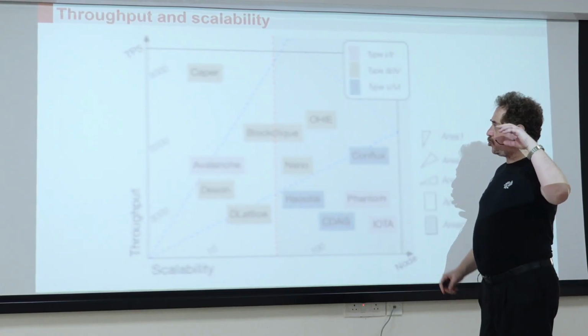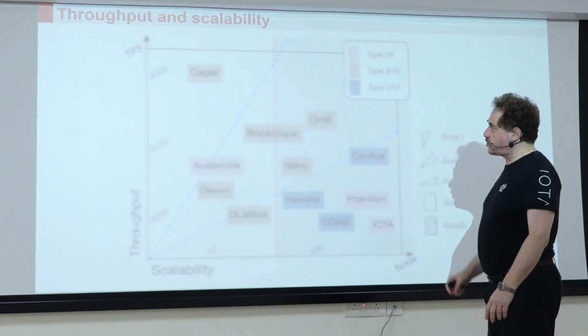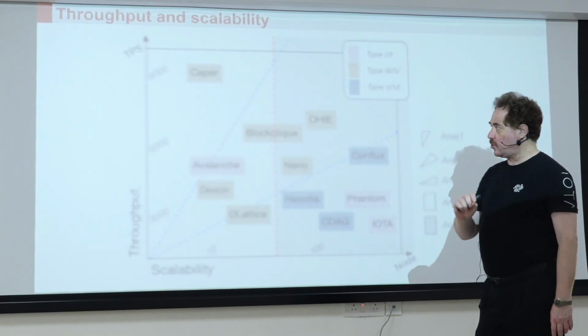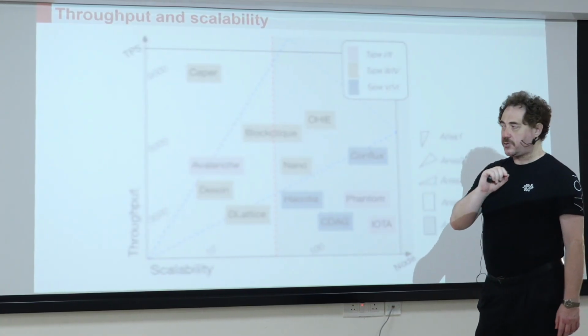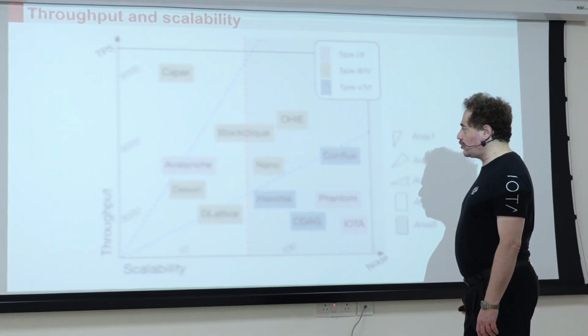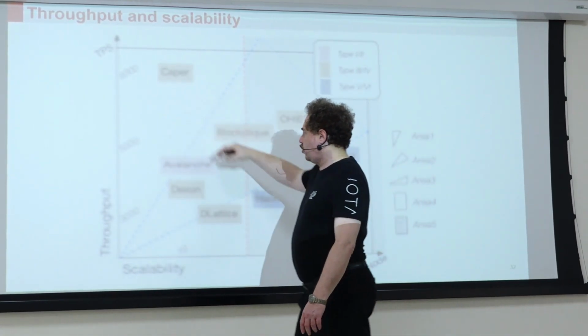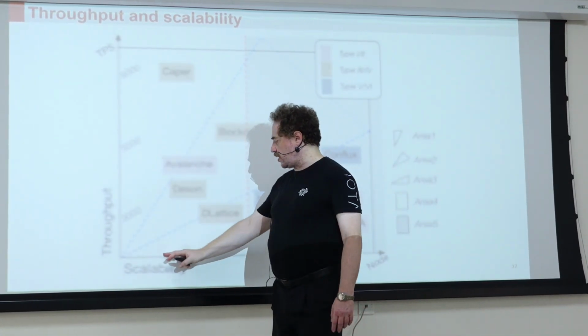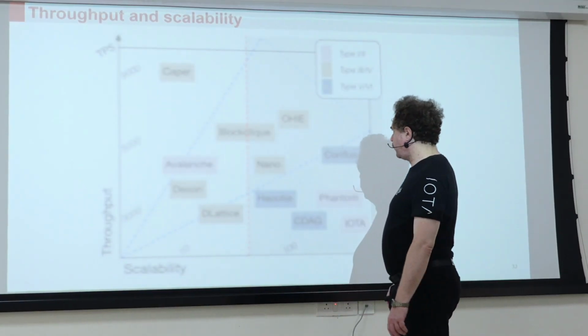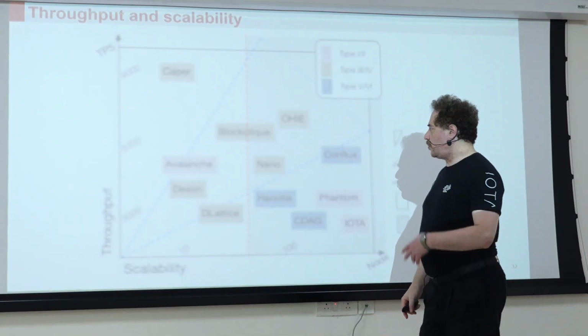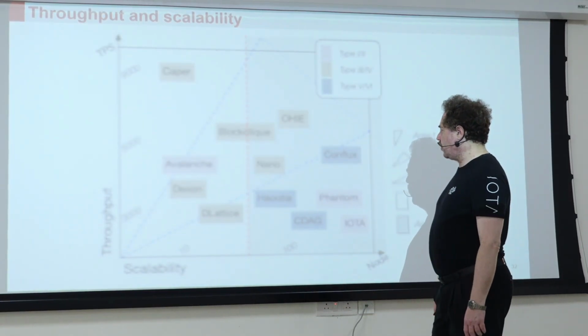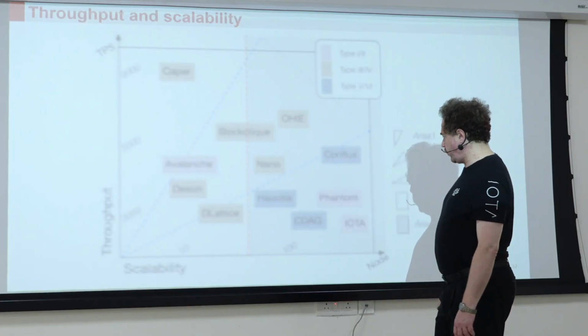But due to the introduction of shards and smart management of cross-shard transactions, they manage to achieve high throughput. However, they do not scale very well with the number of nodes. So that's another representation of the major trade-off in the design of blockchain systems.